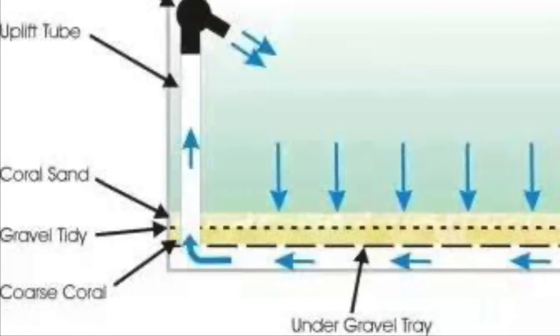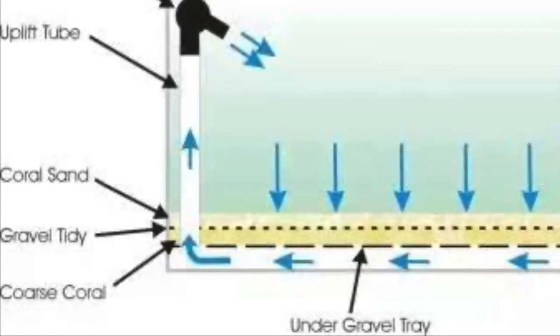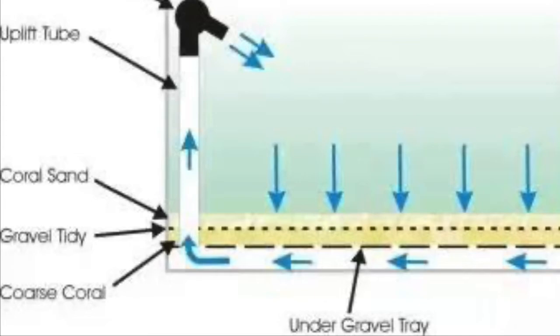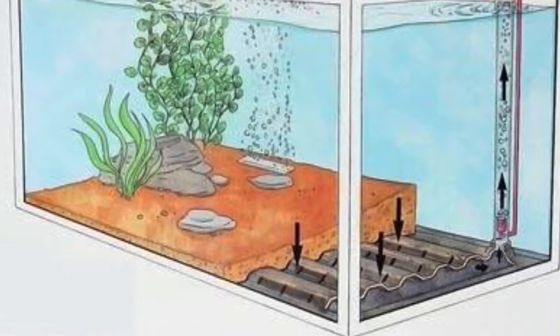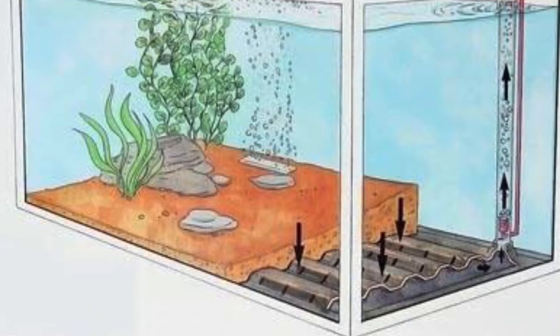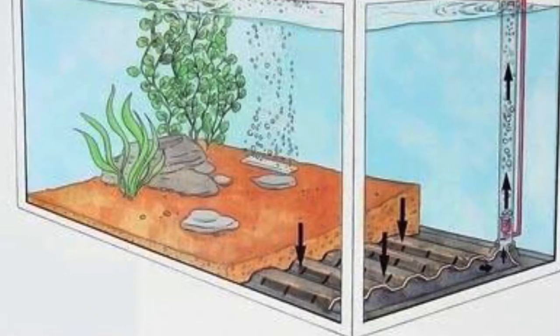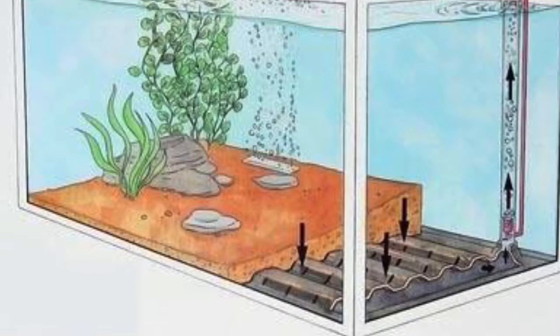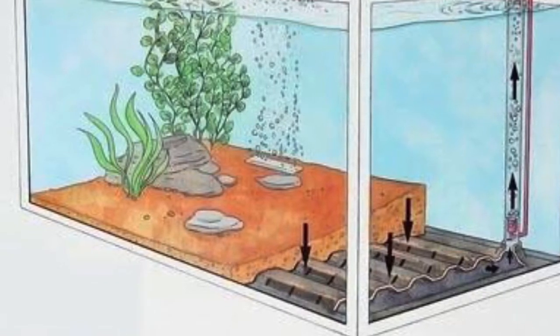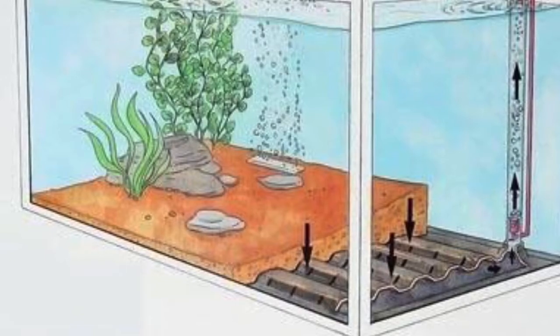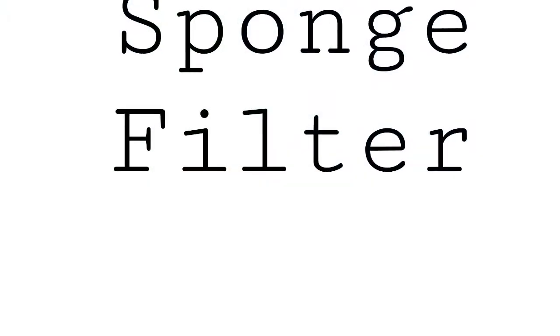Water then flows down through the gravel, which itself becomes filter material. A greater flow rate of water through the gravel can be achieved by using water pumps rather than air displacement. Beneficial bacteria colonize the gravel bed and provide biological filtration, using the substrate of the aquarium itself as a biological filter.